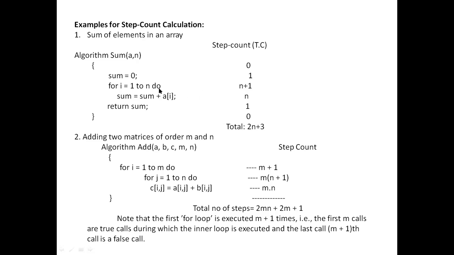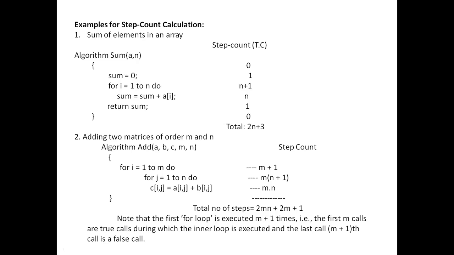For this for loop, we have n plus 1. For this statement, it is n because it is iterated n times. And this return statement, 1. So n plus n is 2n, and 1 plus 1 plus 1 is 3. So the step count of this algorithm is 2n plus 3.